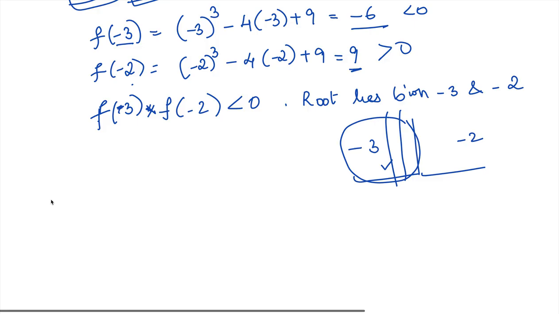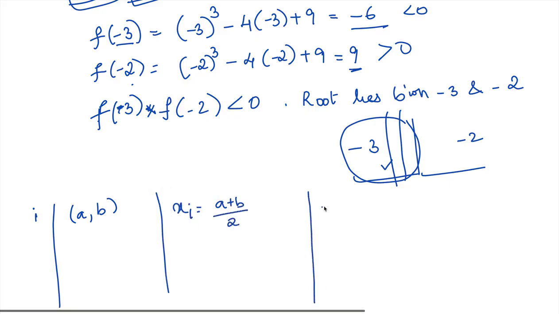Okay, so now let's start. I'll just draw a table. First one would be i, and then the next column would be our interval a comma b, and then we have xi, which is (a plus b) by 2.